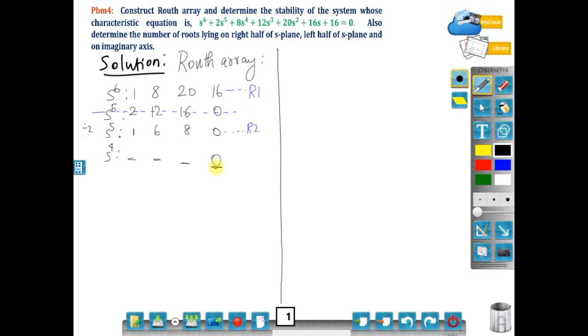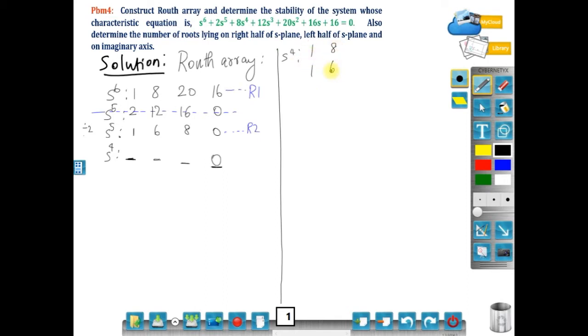So for S power 4, in order to find the value of this particular place, we need to take the previous 2 rows and the first column and second column. We need to consider this matrix. We'll write this matrix 1, 8 and 1, 6.